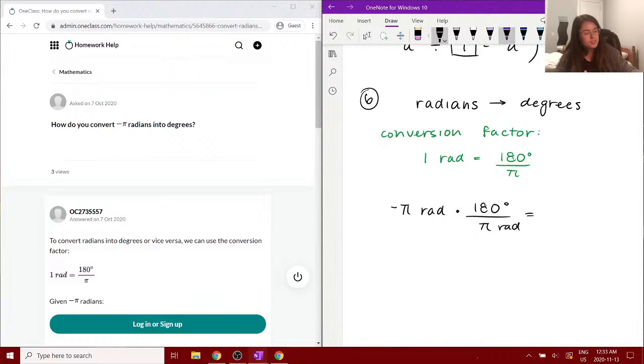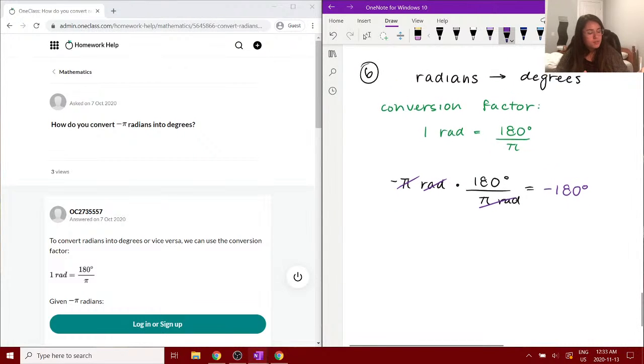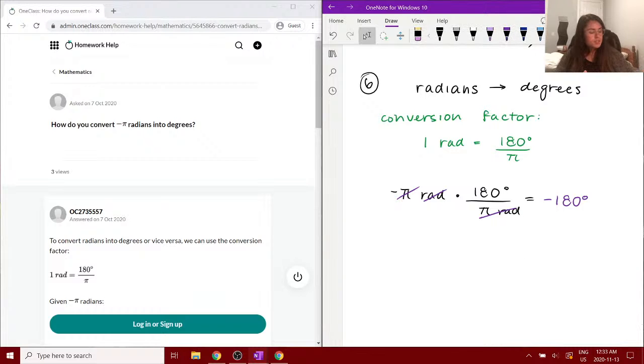You can see here that this cancels out. Actually, the pi and the radians cancel out, and we are just left with minus 180 degrees.